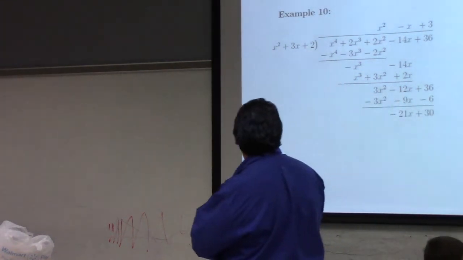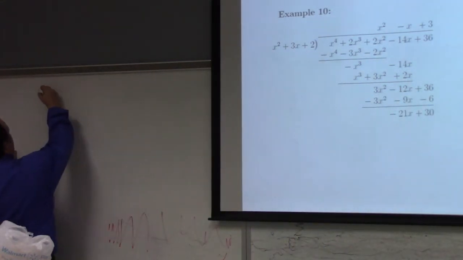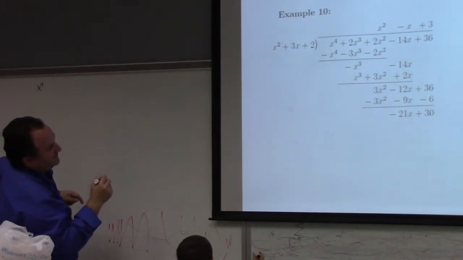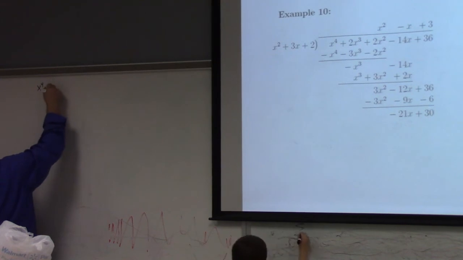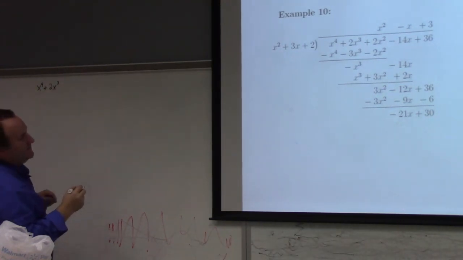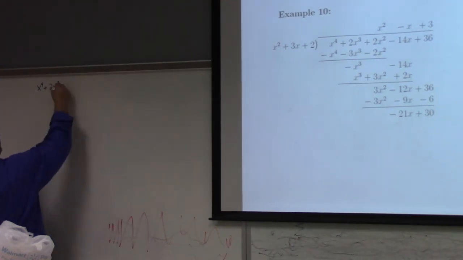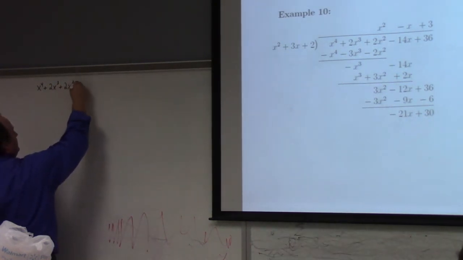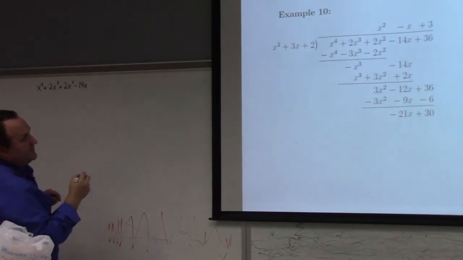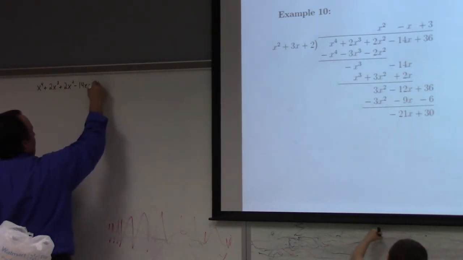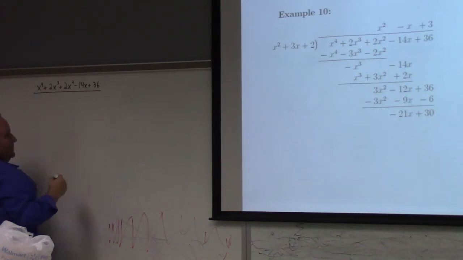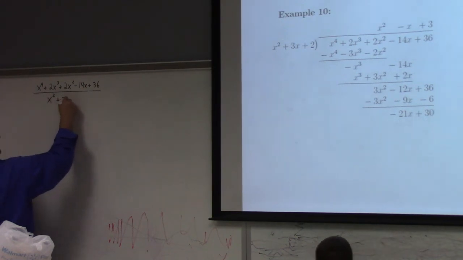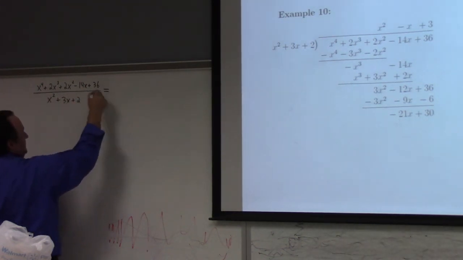What this means is that if you take x to the 4th plus 2x cubed plus 2x squared minus 14x plus 36, and you divide that by x squared plus 3x plus 2, it turns out that this is equal to, what's it equal to?